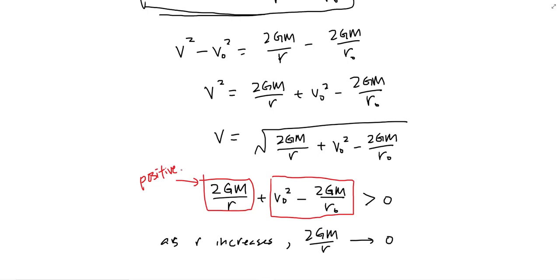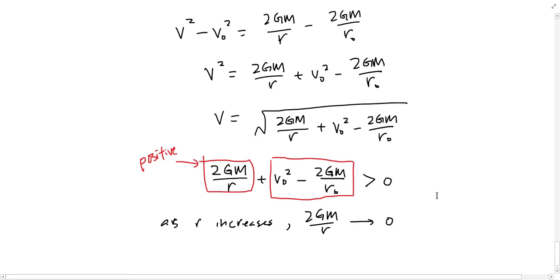So if I can maintain that this part is bigger than 0, then I can guarantee that I have a positive number plus some positive number, and therefore it would always be a number bigger than 0. And if this part somehow becomes negative, and this other number is getting smaller, then there is a possibility where this number plus this number becomes less than 0, and that becomes impossible for us to get a v.